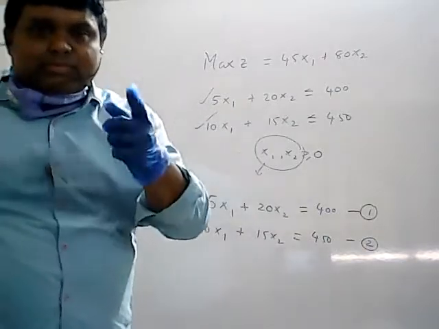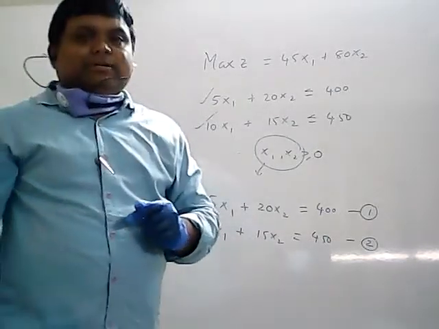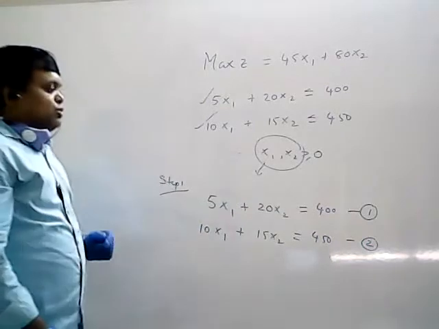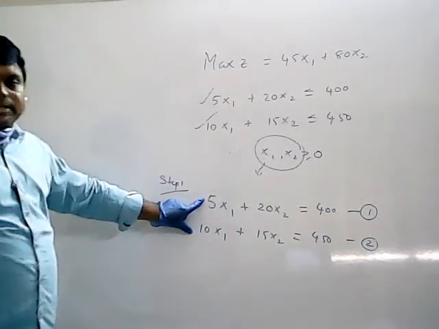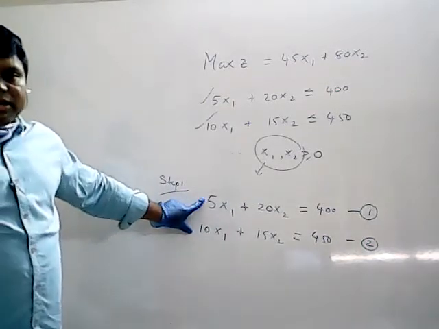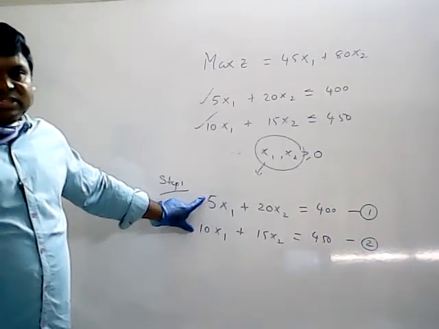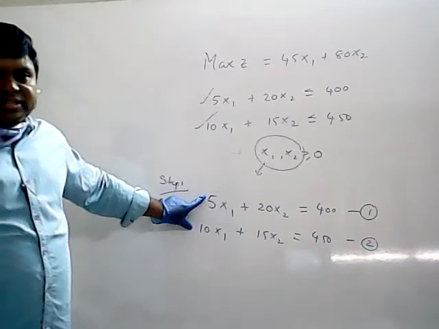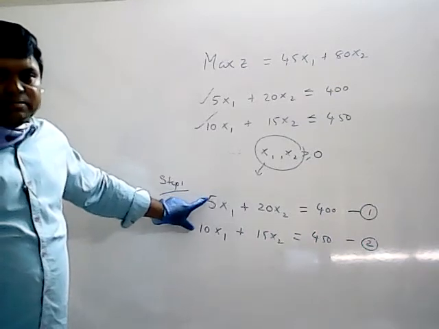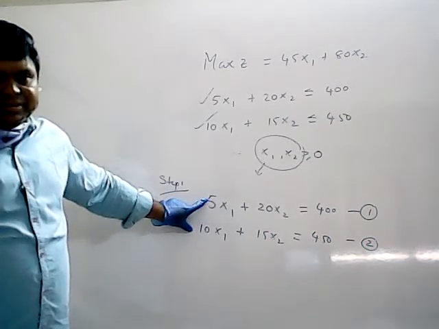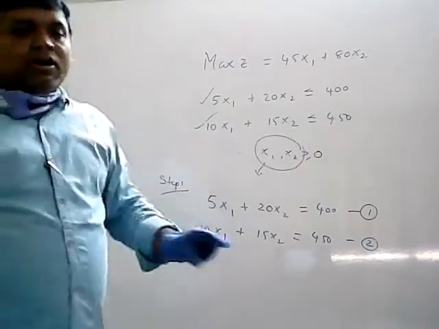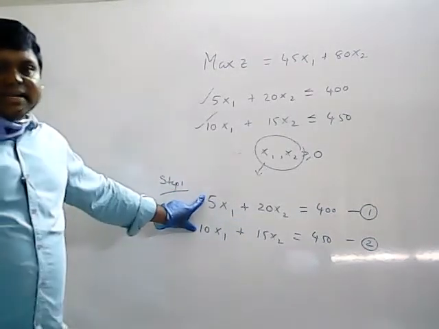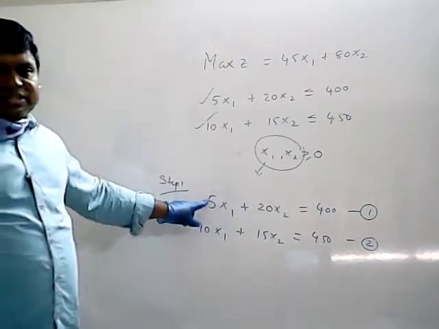Now see step number 2. I have to plot these equations on the graph. If you want to plot these equations, you require points; only if you have points can you plot these lines on the graph. So the second step is to plot the equations on the graph, as each one geometrically represents a straight line.